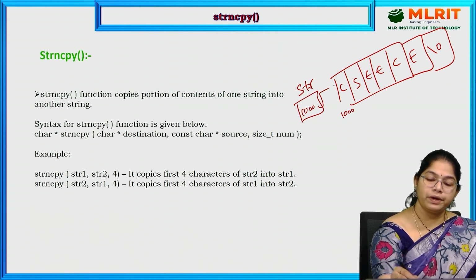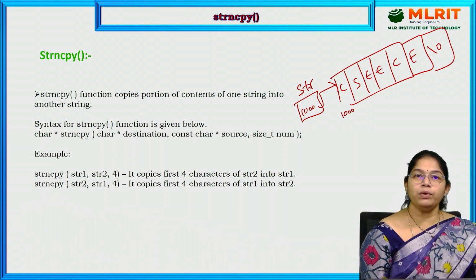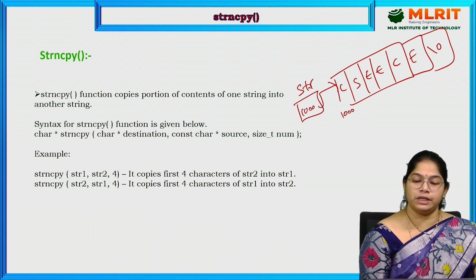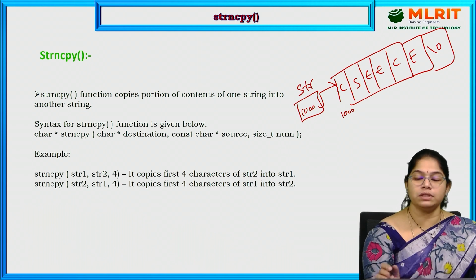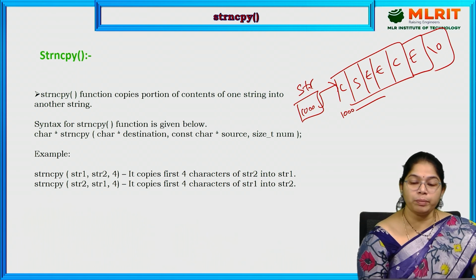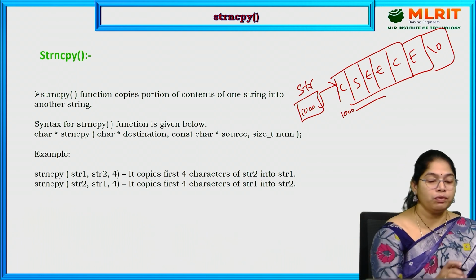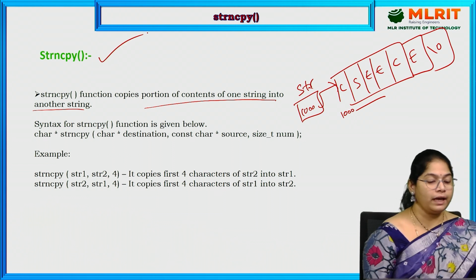So it will be pointing here. This is the string which I have. I want to copy only some portion of the string, not the entire string. The entire string is CSE, ECE, but I want to copy only CSE. So how many characters do I want to copy here? 3 characters. If I want to copy a portion of the content, then we can use strncpy.